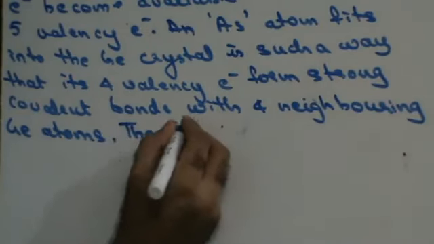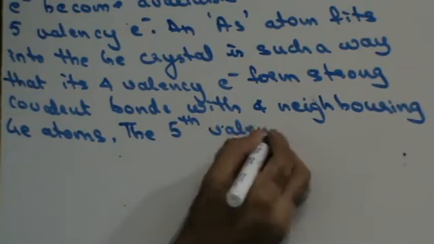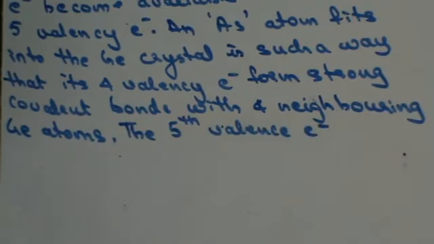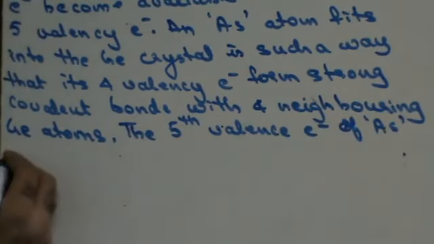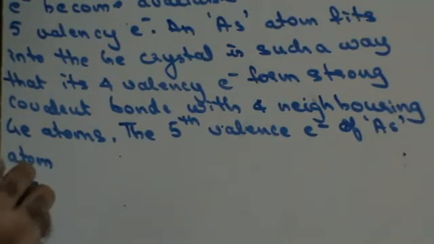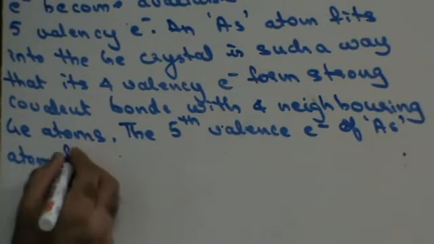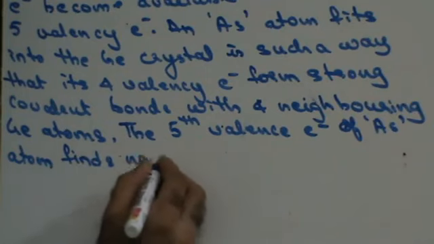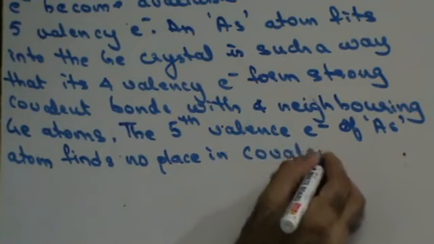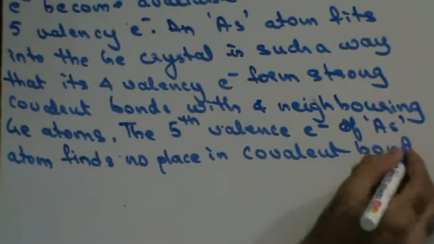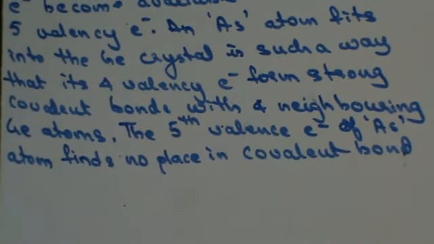The 5th valency electron of the arsenic atom finds no place in the covalent bond, and thus it is set free.